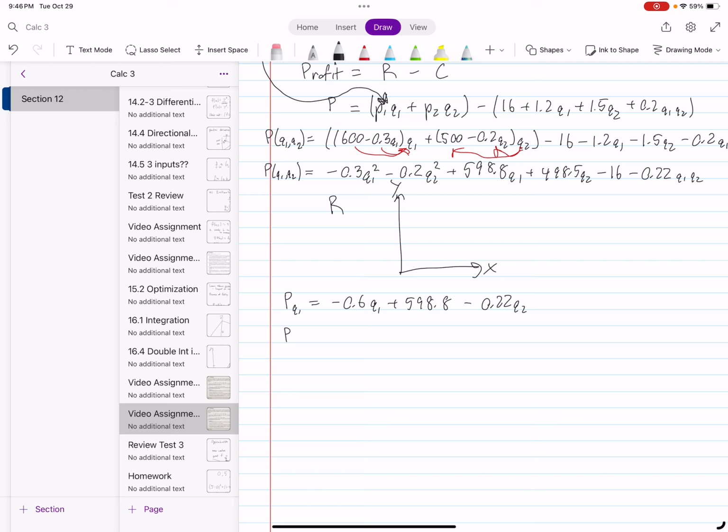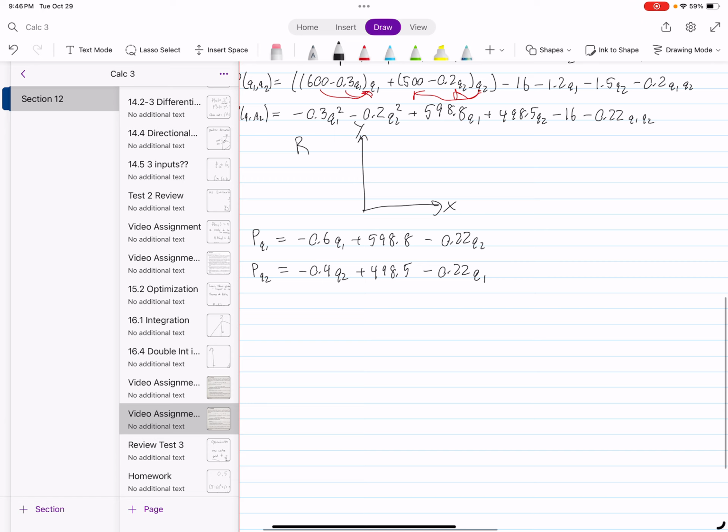And then P with respect to Q2, that equals negative 0.4 Q2 plus 498.5 minus 0.22 Q1. And we will set these functions both equal to 0 because we want to find the place where the derivative of the function equals 0.